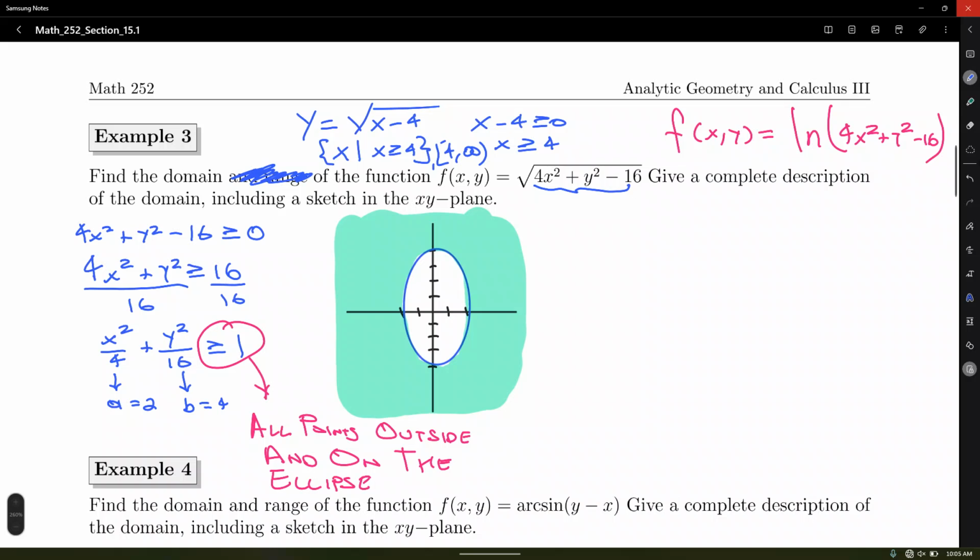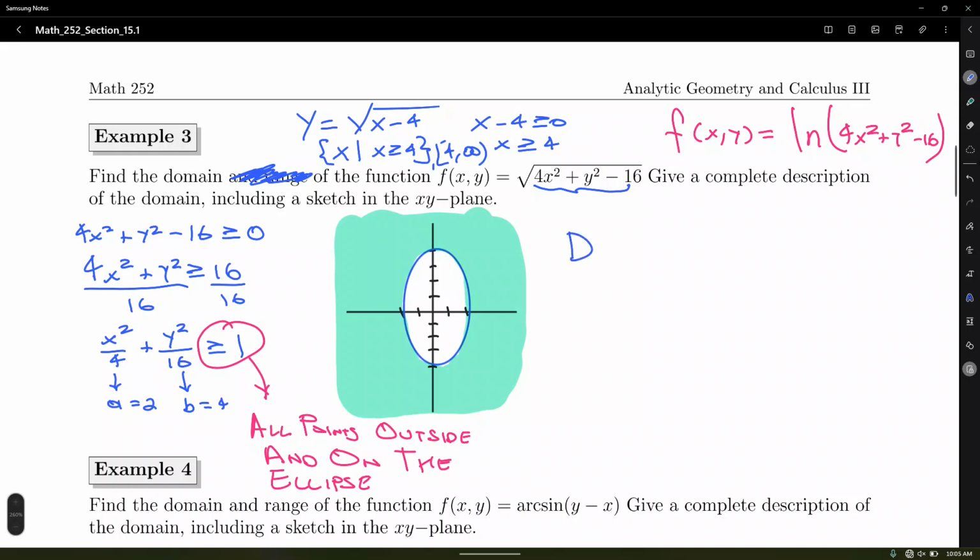Now here is the thing. There's no interval notation for functions of two variables because we can't do that. I haven't seen it before. I don't think there's a way. So we will do only the set builder notation. How do we express set builder notation for functions of two variables?